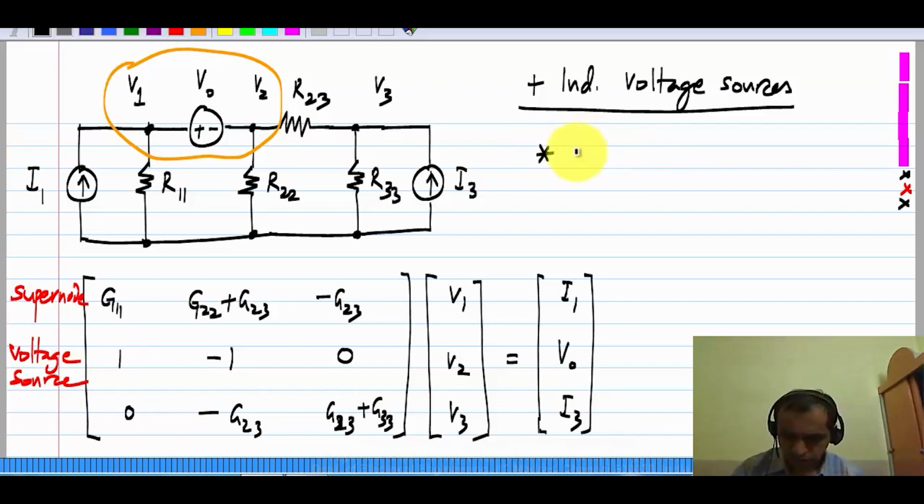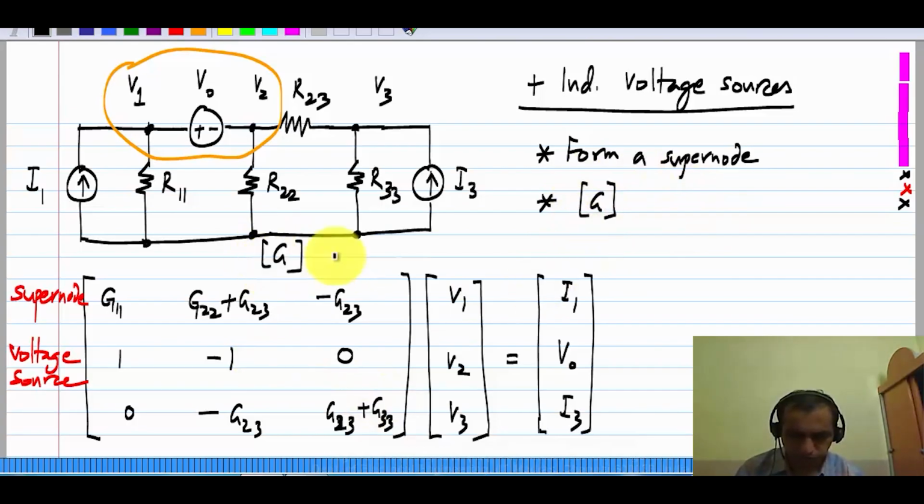And in this case, form a super node and we have the equation for the voltage source, and finally this G matrix, where this is G, this is the unknown vector V, this one equals the source vector I. Okay, now the source vector consists of both independent voltage and current sources. The G matrix is asymmetric.